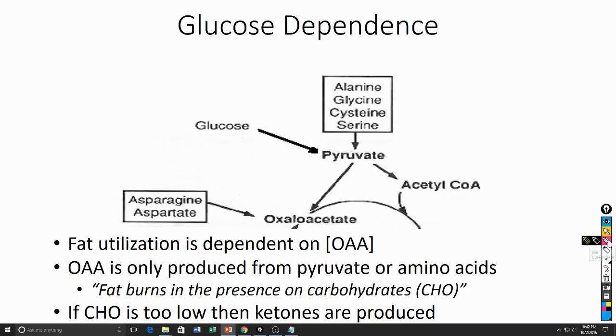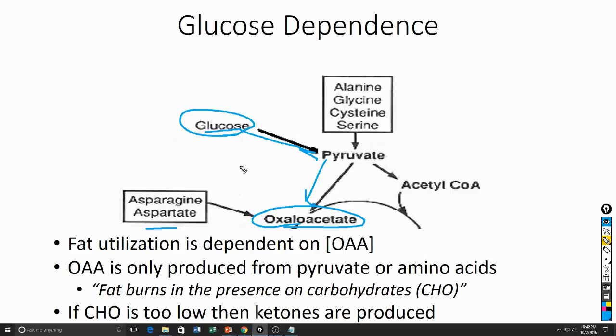So you can either get that through breaking down protein, or you can have glucose go to pyruvate, which then can go to oxaloacetate. And that's the more preferred route. So to a certain extent, if you want to break down fats, you need this oxaloacetate molecule, which is typically derived from glucose.